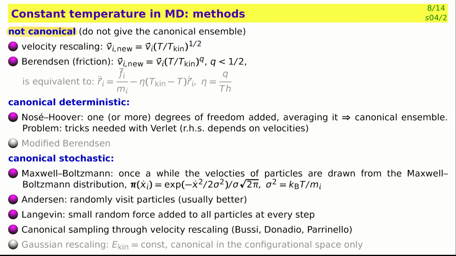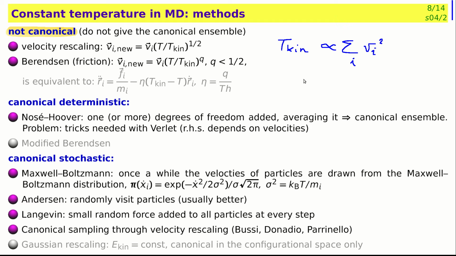The simplest method of this type is velocity rescaling. You know that the kinetic temperature is proportional to the kinetic energy, and it is proportional to the sum of velocities squared in some way. There may be some constant here.